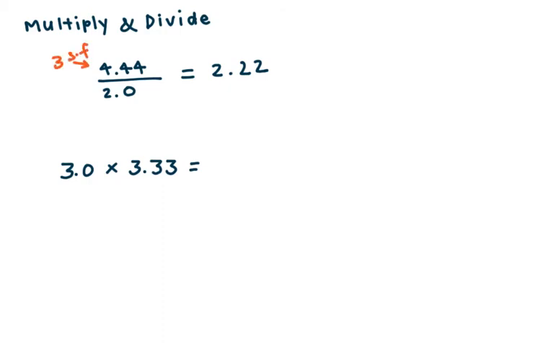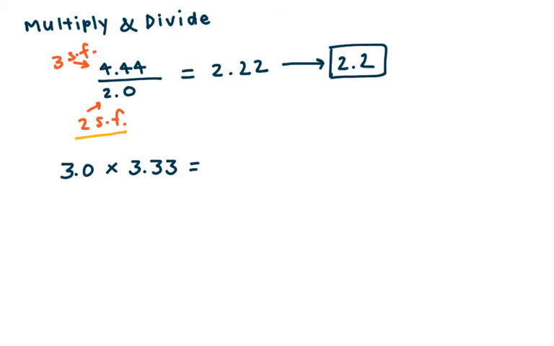And how many sig figs is 2.0? 2 sig figs. So whenever you multiply or divide, you want your answer to have the least number of sig figs. So 2 is less than 3, which means that for my answer, I only want 2 sig figs. So my answer will be 2.2.